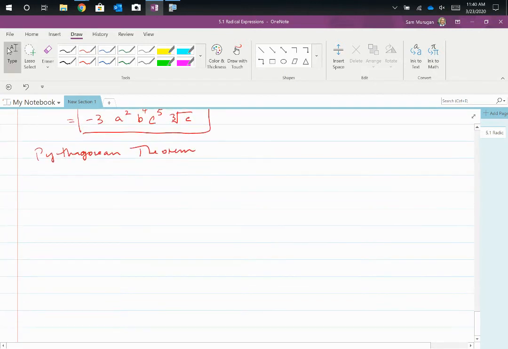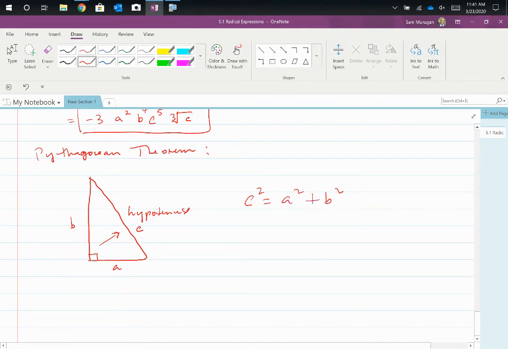The Pythagorean theorem says if we have a right triangle, the side opposite the right angle is called the hypotenuse, and it's usually designated as C. The short leg is A and the long leg is B. And the Pythagorean theorem says C squared is equal to A squared plus B squared.